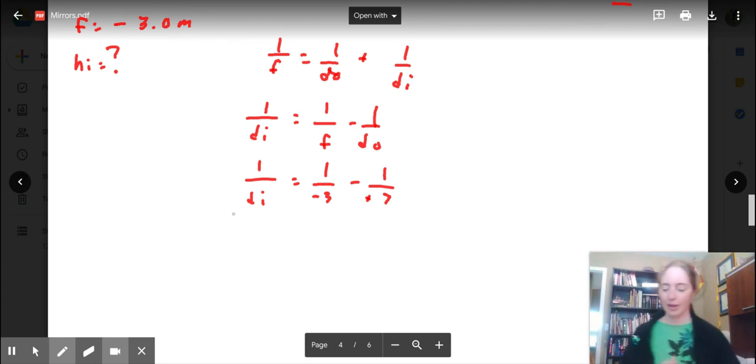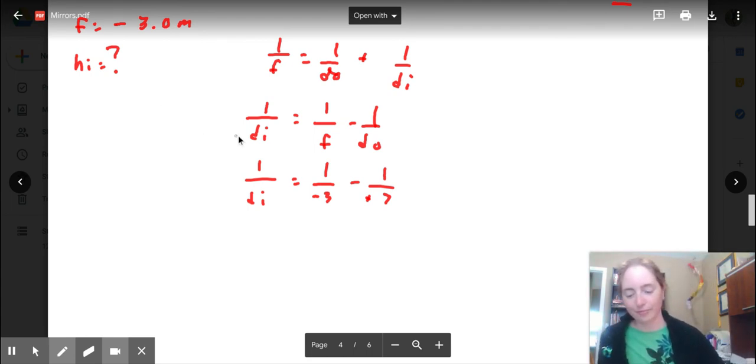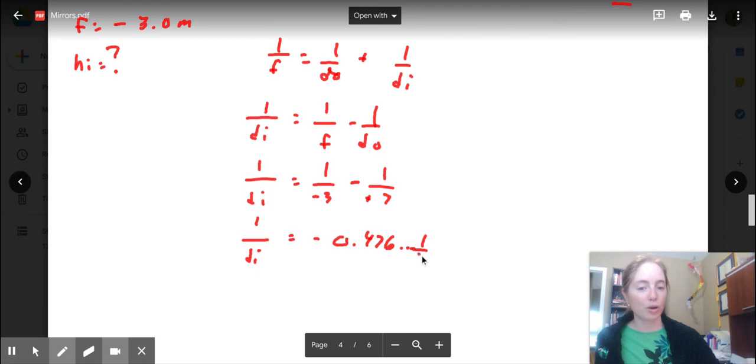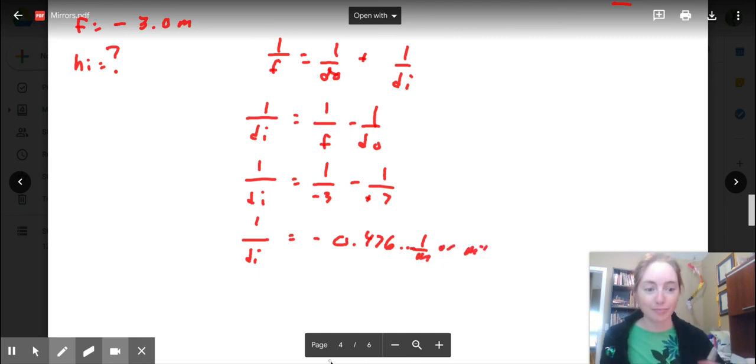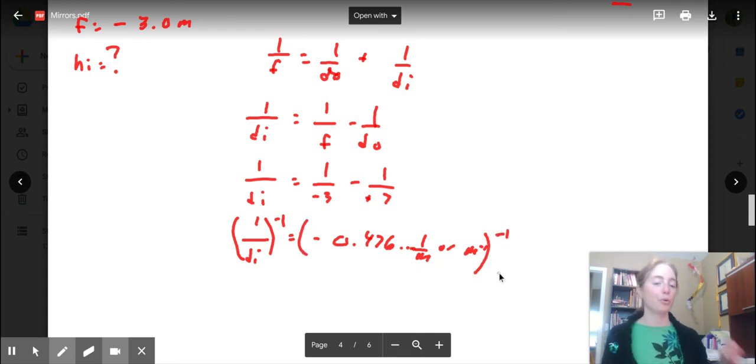Okay. So, ladies and gentlemen, 1 over DI is going to equal -0.476. Now remember, this is 1 over. Your units are either 1 over meters or meters to the power of -1. We need to flip that. So you are going to take the inverse of both sides, the power of -1 to both sides.